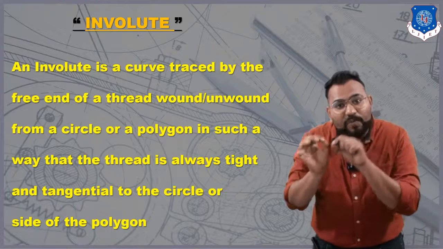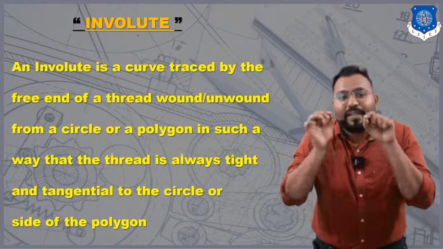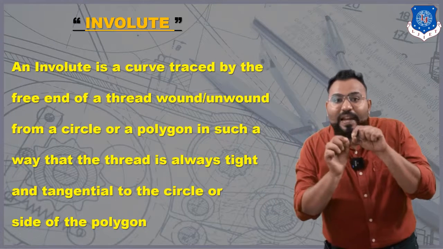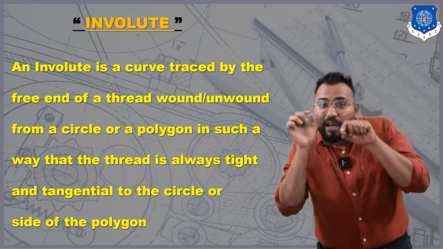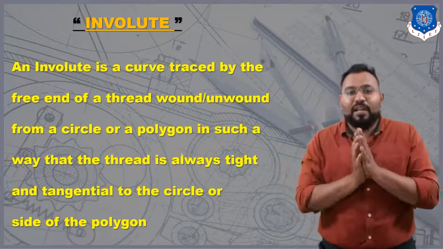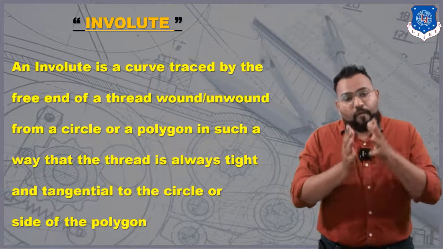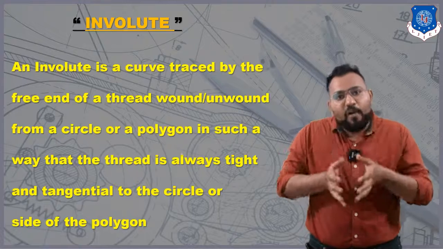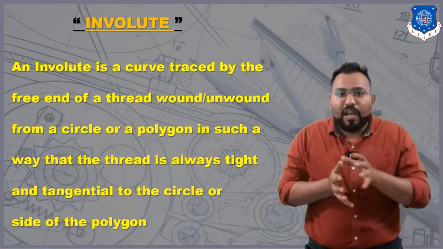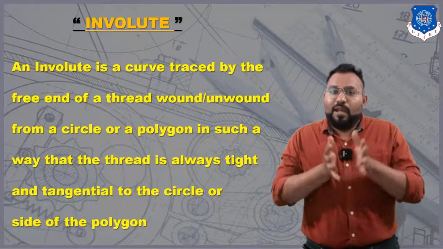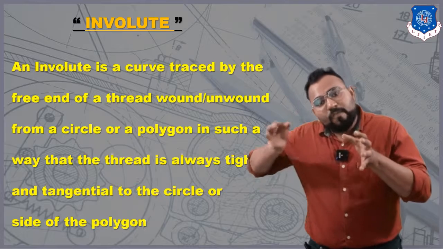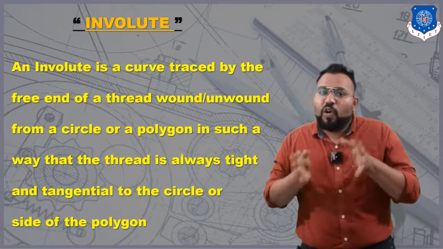But what is the condition of the thread when you are winding or unwinding? The thread must always be tight, and it is also tangential to the circle. So whenever you are winding or unwinding a thread on some circle or on a polygon, the curve traced by the free end of the string is known as involute.